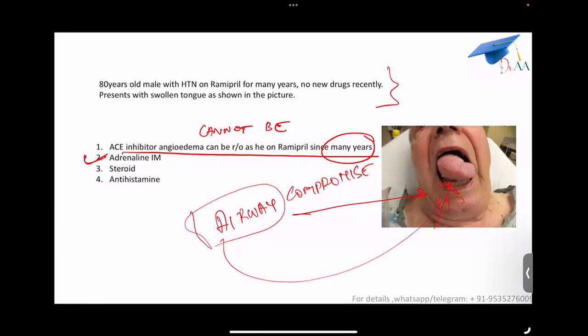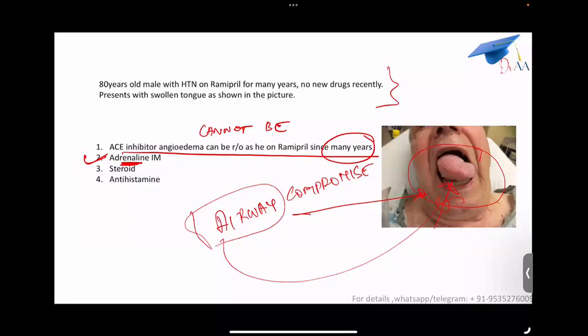We can assume it might be allergic angioedema. So we are giving adrenaline IM because it's a severe form; the tongue is quite swollen. The airway can be compromised at any point of time because of the tongue swelling. It is a threatened airway. That's the reason we are giving adrenaline IM. It is a severe angioedema, so treat it with adrenaline.